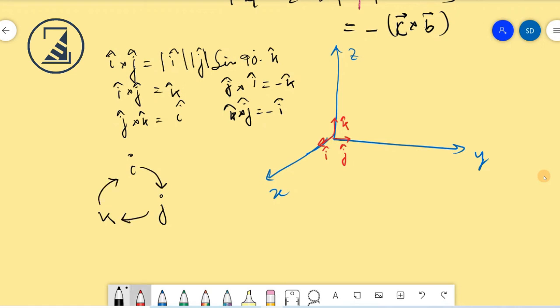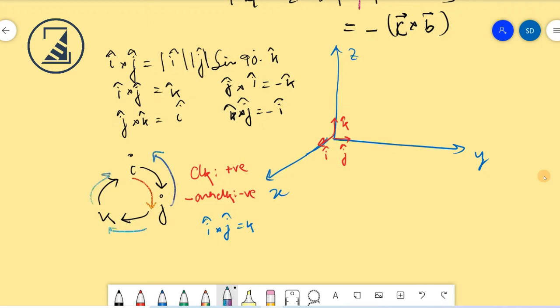If any cross product is performed clockwise, then it's positive, and if it's performed anti-clockwise, it's negative. So i cross j is k, and j cross i is minus k because we are going in the anti-clockwise direction. The rest will be the same: j cross k is i, but k cross j is minus i, and so on.